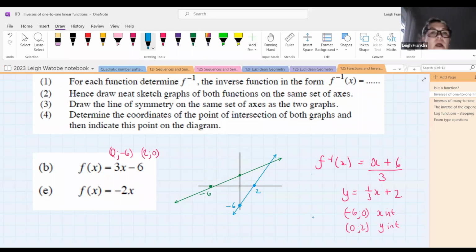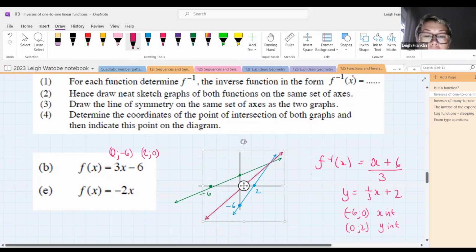And then your line y equals x would go through the origin.